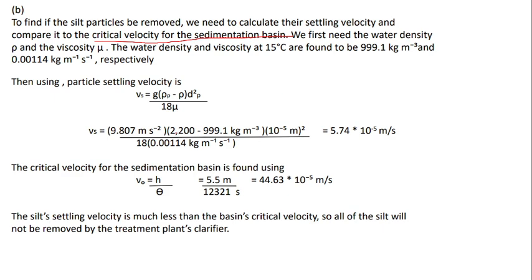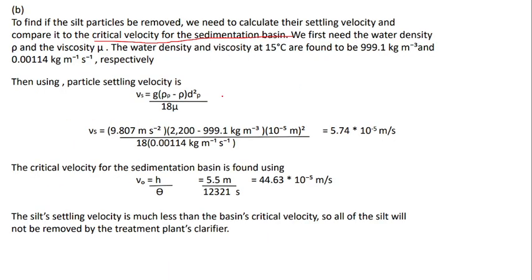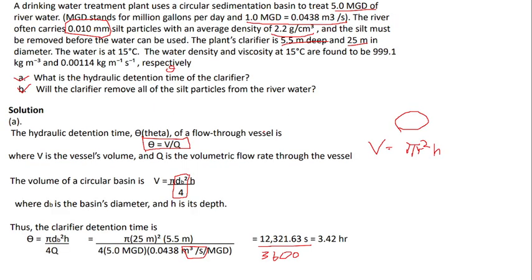So converting it, 2200 kg per meter cube, and the density of water is given as 999.1 at 15 degrees Celsius and mu is 0.00114. Okay, all the known values are substituted here.